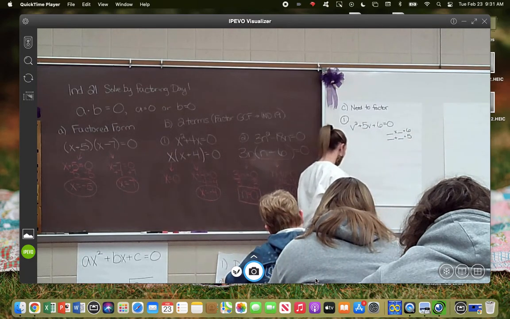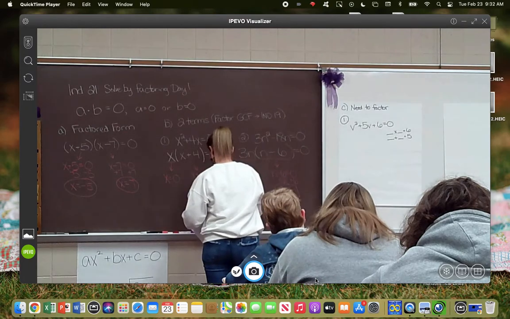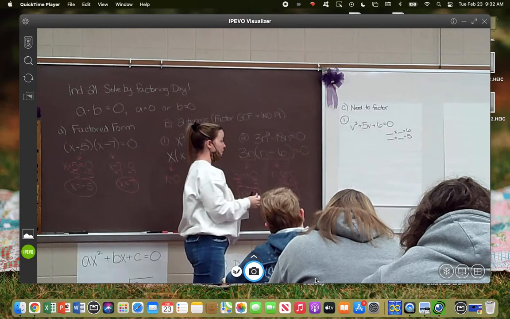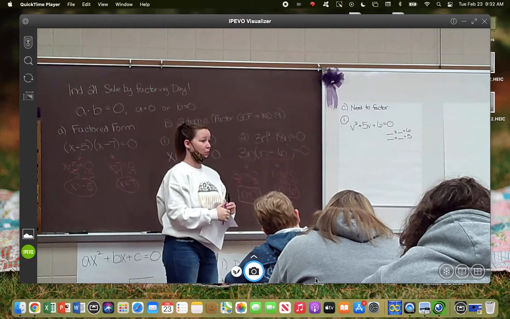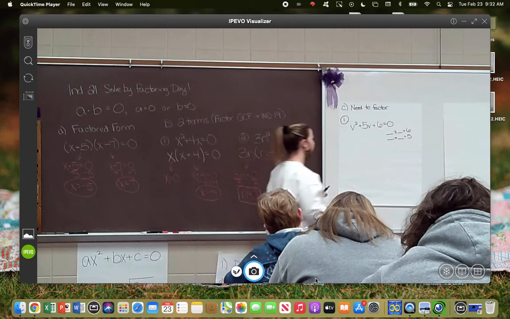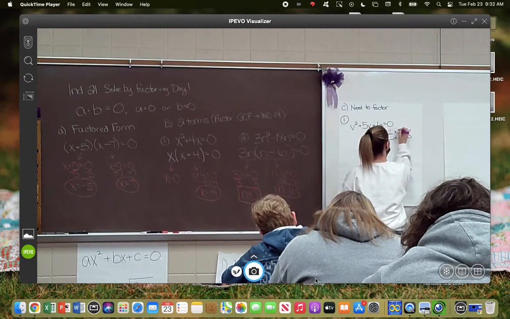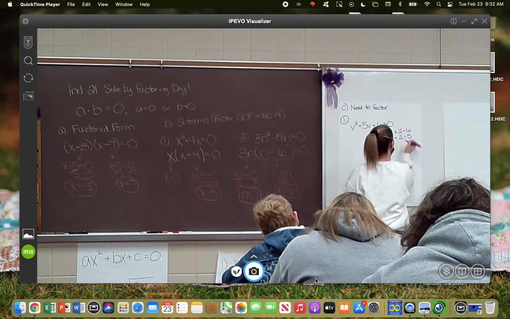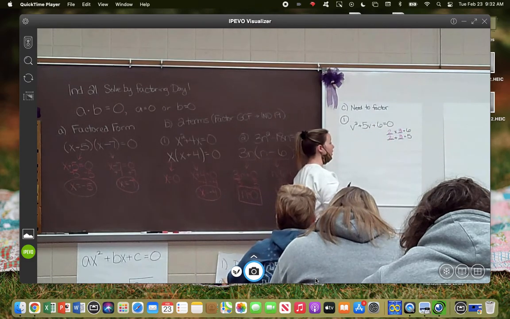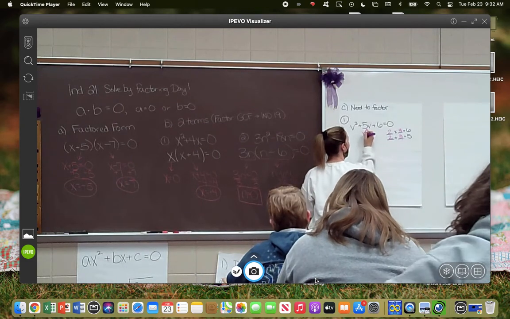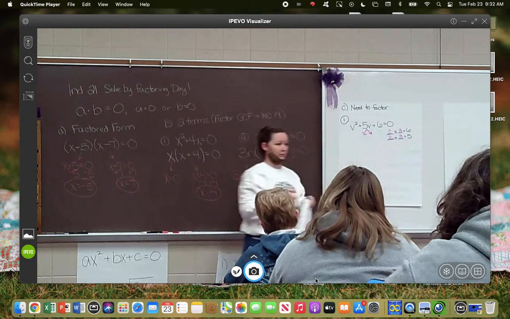What two numbers do that? They multiply to 6 and add to 5. 2 and 3. All right, so those are the two numbers we are going to use to split up 5v.